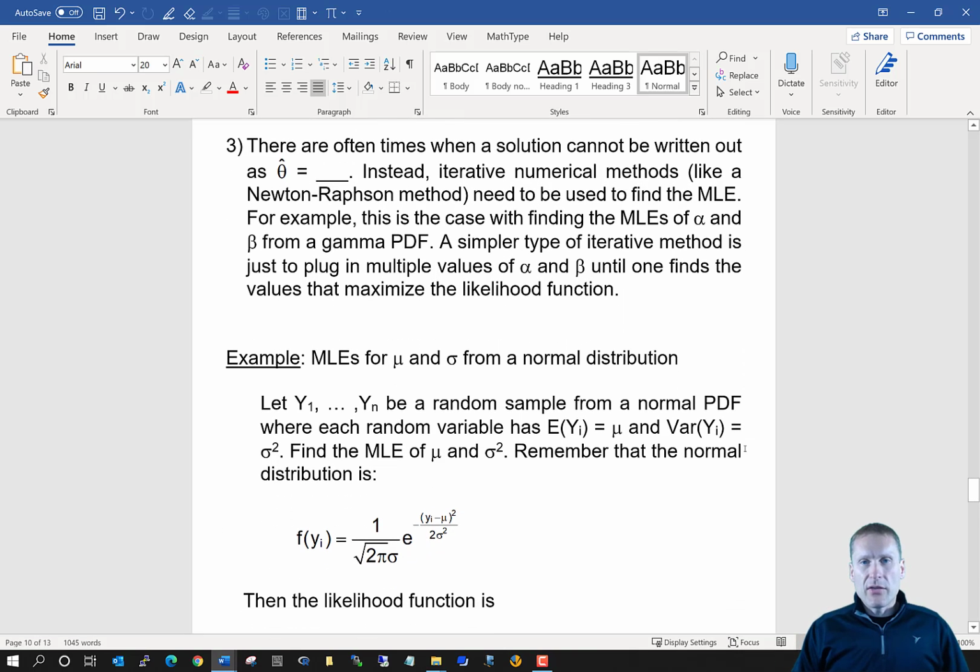Now, unfortunately, there are often times where a nice little solution, such as the sum of the y sub i's divided by n, cannot actually be written out, meaning you don't necessarily have a closed form expression for the actual solution.